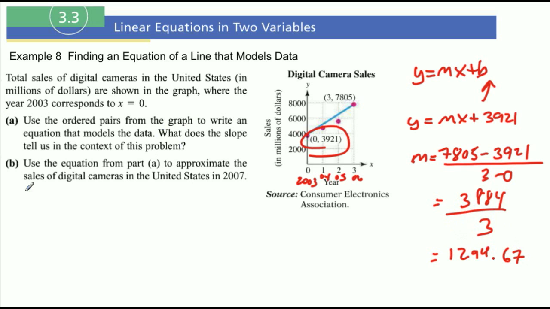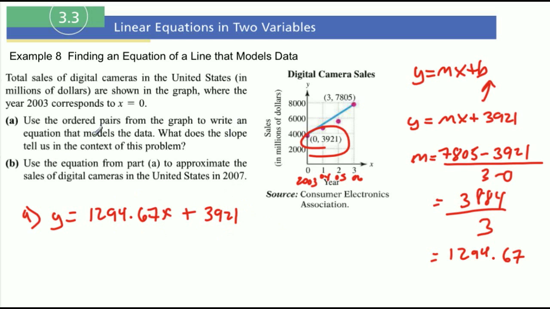So for part A, our equation is y equals 1294.67x plus our y-intercept, which is 3921. Okay, again, this is my slope and this is my y-intercept.